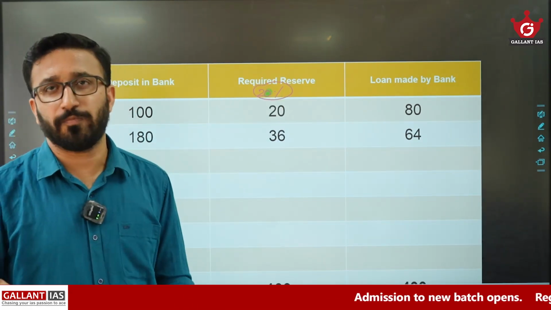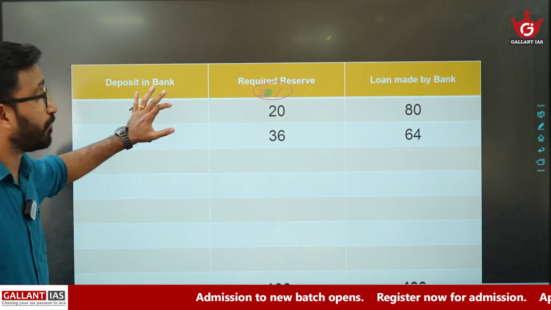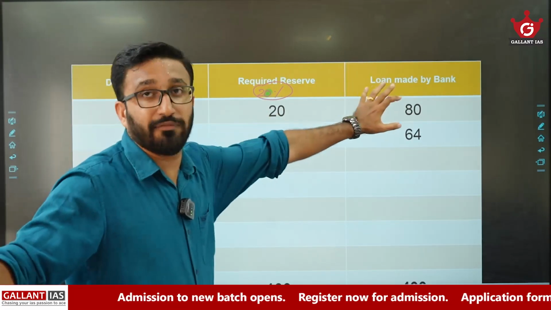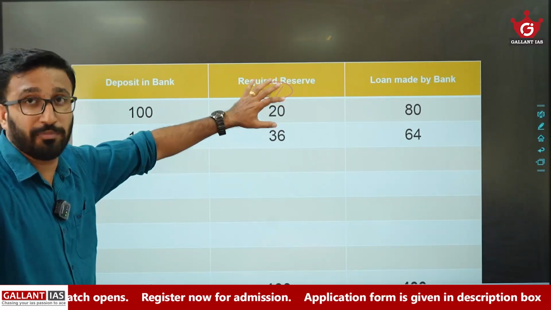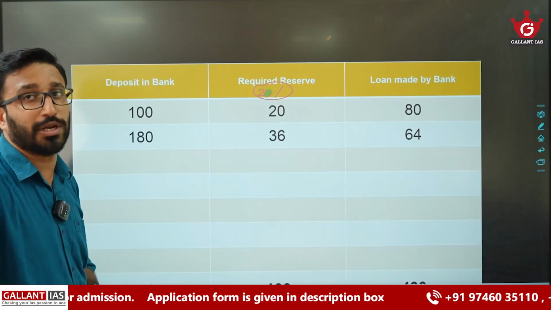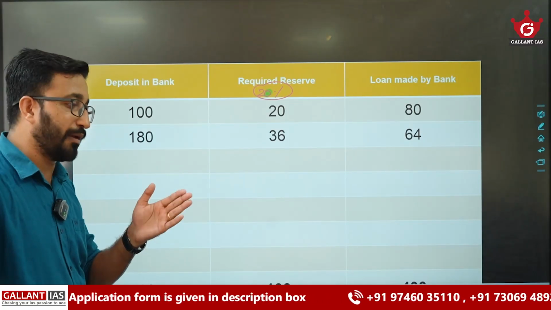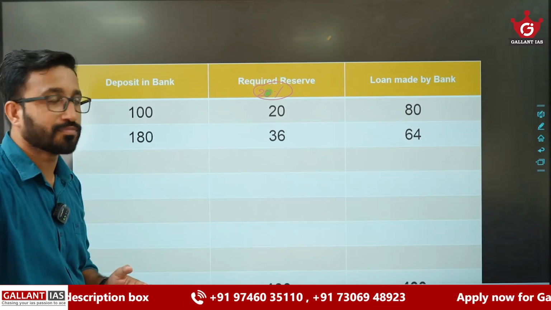Suppose, that's an example. Out of the 100 rupees initial deposit, only 80 will be given as loan to another person. 20% of it, 20 rupees, will be kept aside as a reserve. So this is how banks usually work. They keep a part of the deposit as a reserve to meet some emergency.